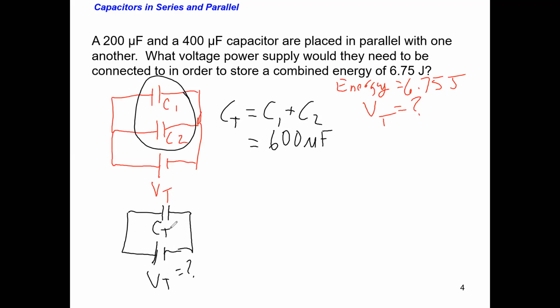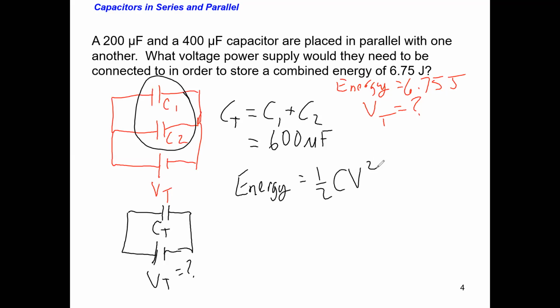In order to figure this out, I have to go all the way back to chapter 17, like a week before break, and recall the equations for stored energy on a capacitor. One of those equations was energy is equal to 1/2 CV squared.